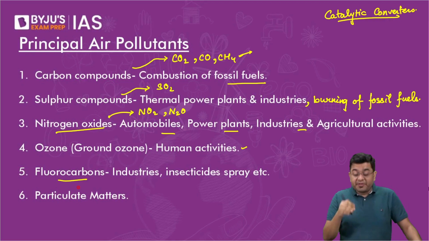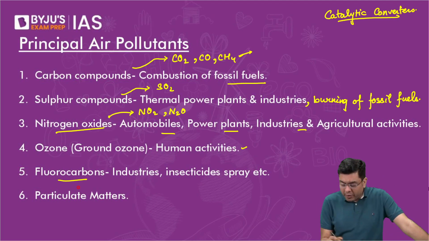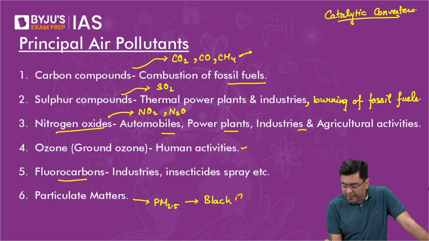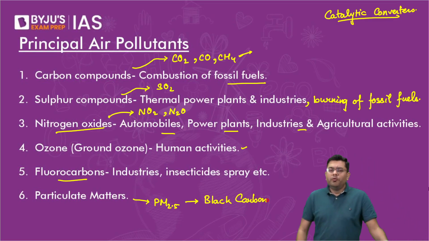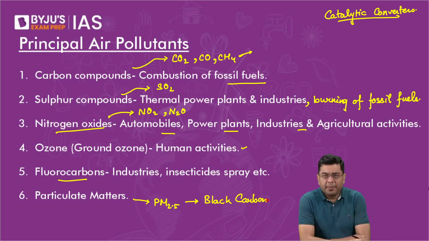Okay. And then particulate matter, which we have discussed, is of three types: PM2.5, PM5, and PM10. Amongst those, in the category of PM2.5, you have one particulate matter which we refer to as black carbon. Most of you would have seen black carbon.